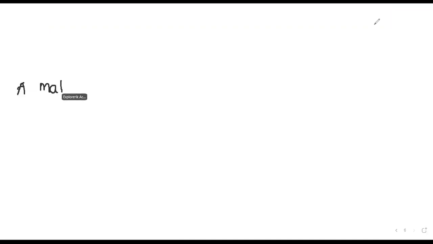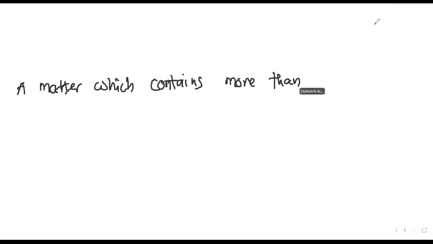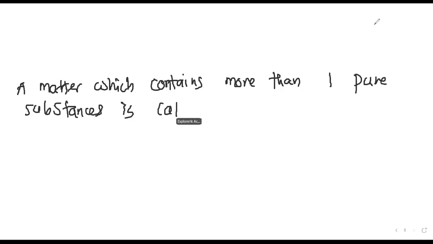A matter which contains more than one pure substance is called a mixture. So this is what a mixture is. Okay. The next one, this is the answer for the 6th question.